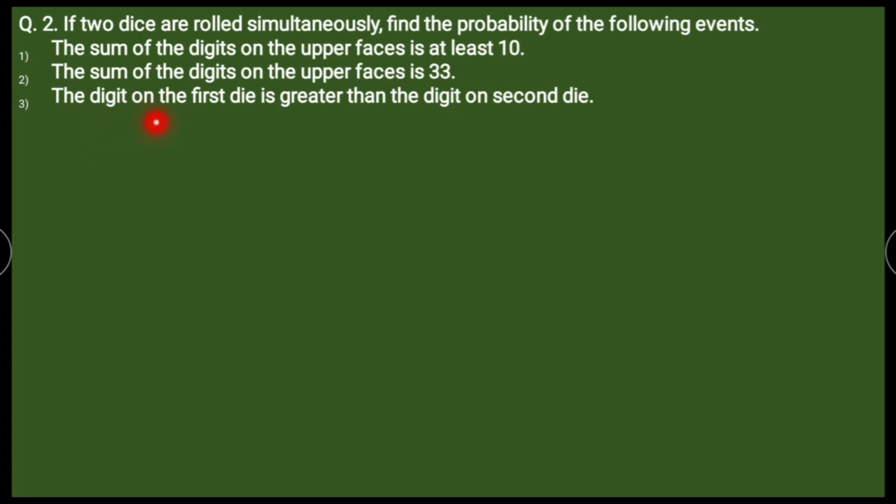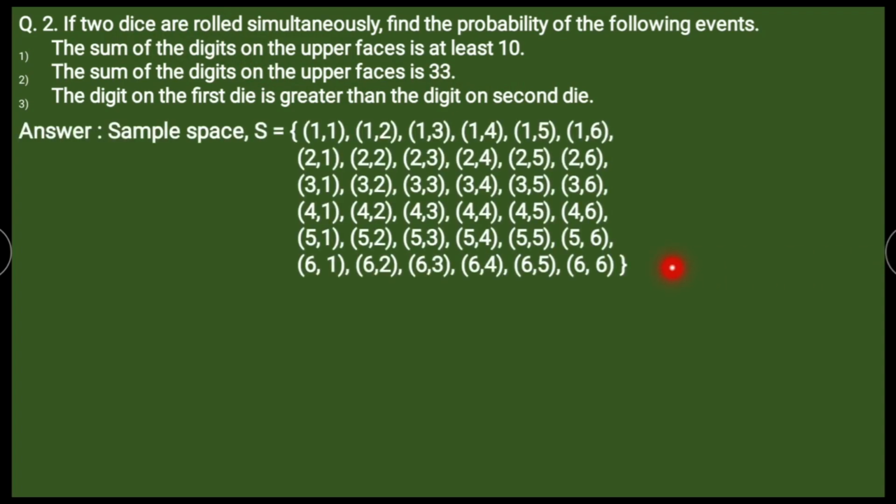Number 3, the digit on the first die is greater than the digit on the second die. So here two dice are rolled, so we write the sample space for two dice that contains 36 elements. So n(S) equals 36. How to write that, we discussed in previous examples.